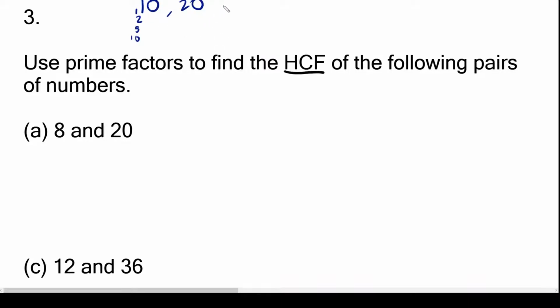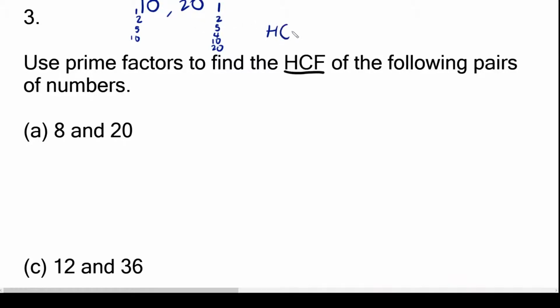Factors of 20: 1, 2, 5, 4, 10, and 20. I think that's about it. So we've got 1 times 20 is 20, 2 times 10 is 20, 5 times 4 is 20.